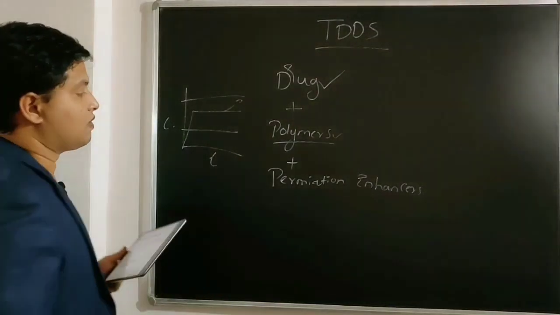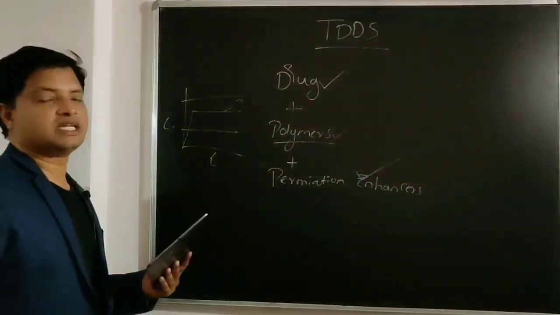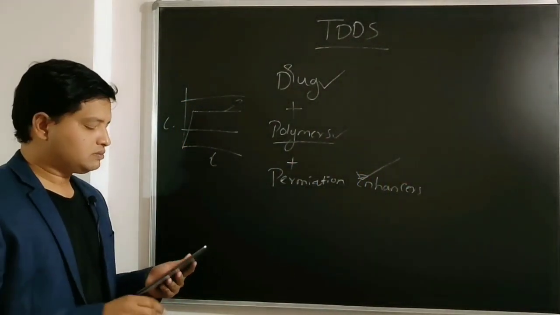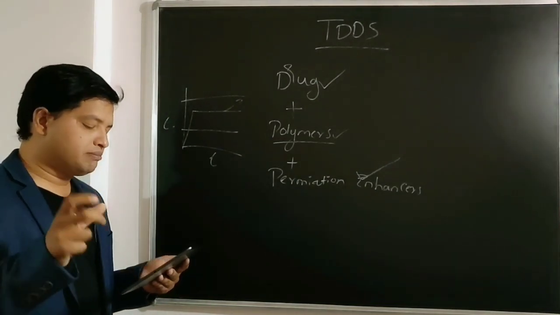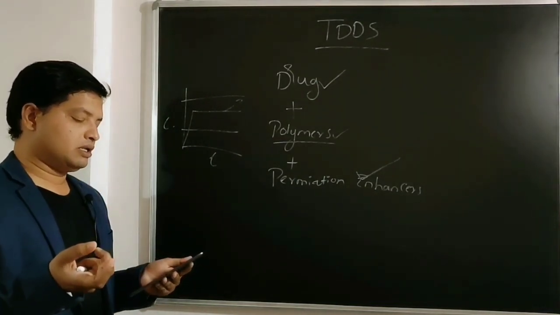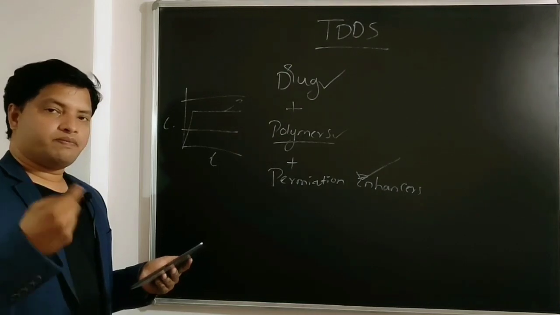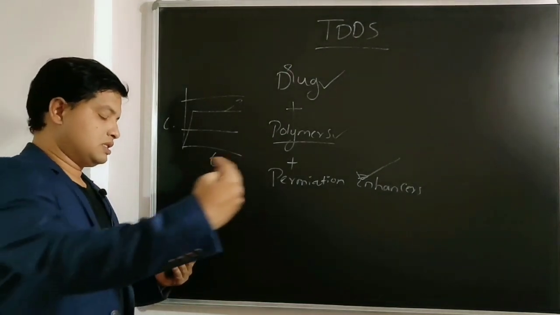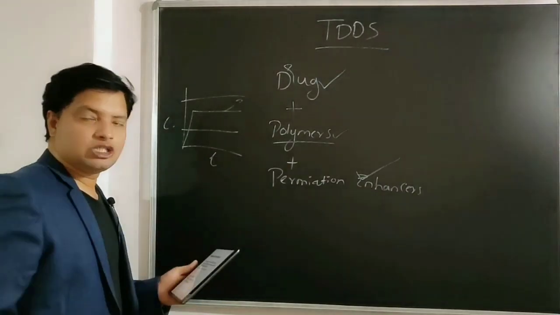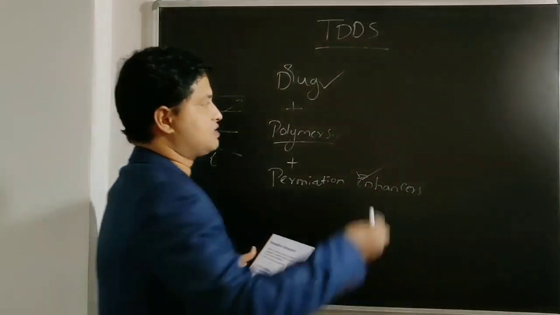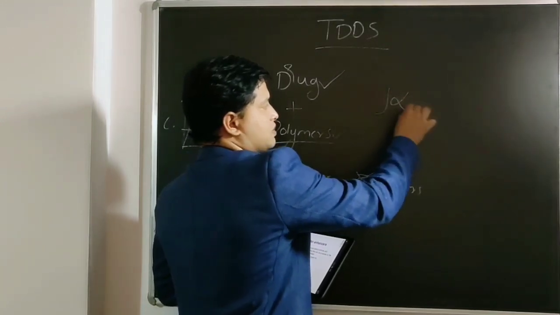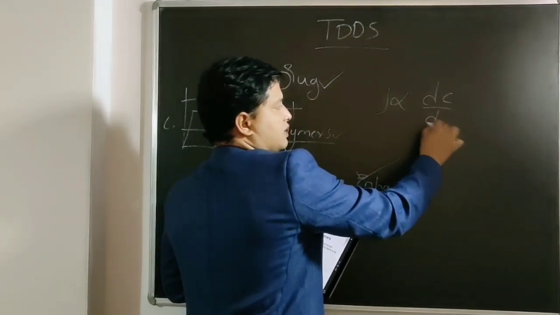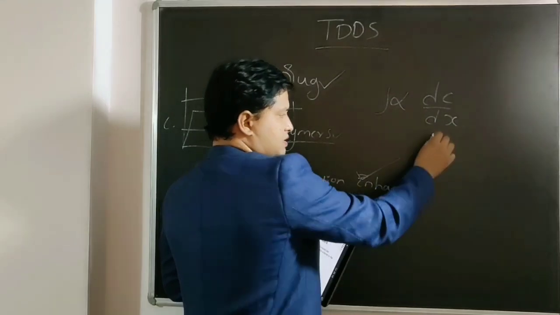Okay, next we will see the properties of permeation enhancers. What permeation enhancers do is alter the skin barrier so that the drug will permeate through the skin easily. We assume the drug is passing through passive diffusion. Fick's first law of diffusion says flux is directly proportional to the concentration gradient. What is flux?